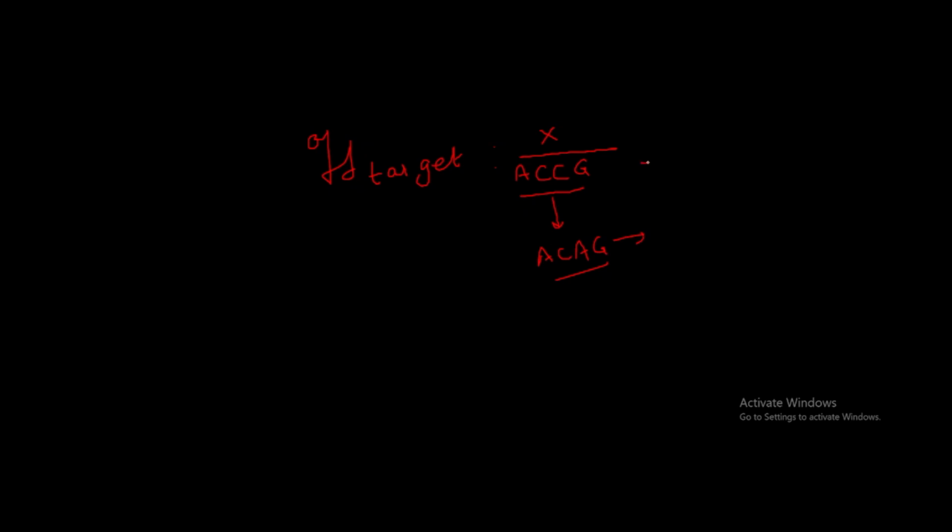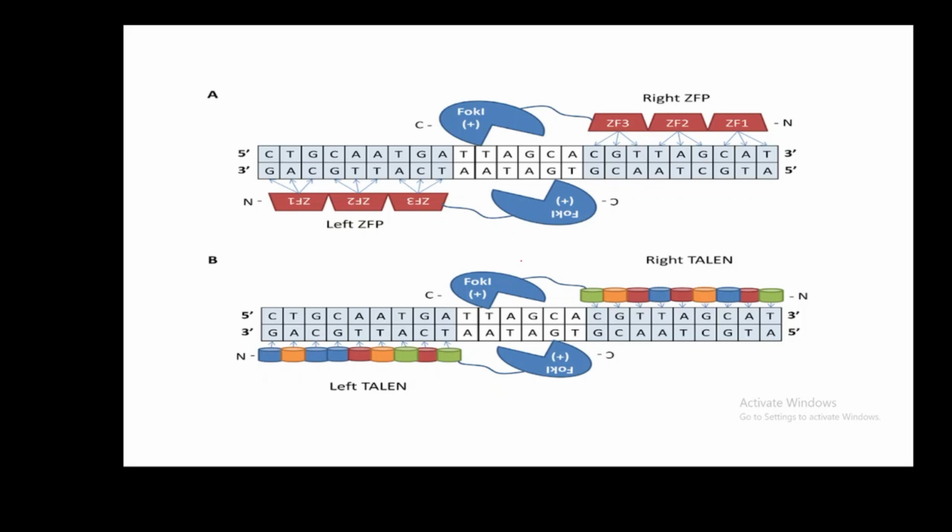There are chances that this ZFN can cut this DNA but can also cut this DNA sequence. This is known as the off-target effect, and we all want to reduce off-target effects because our purpose is just to cut this sequence, not this sequence.